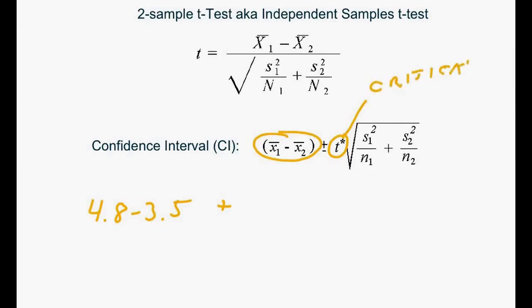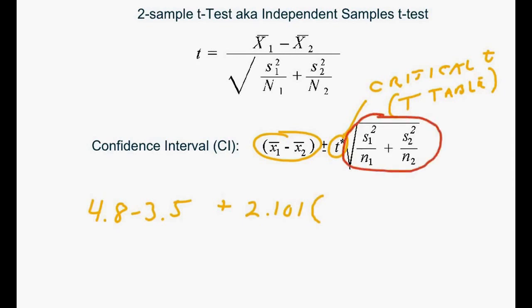That is the value that you looked up in the t table. This is not the t that you calculated, it's the t that you looked up at the 0.05 level. If you remember, that was 2.101 from our example. And we multiply that times, hopefully this formula is looking familiar to you, the standard error of the difference between two means.